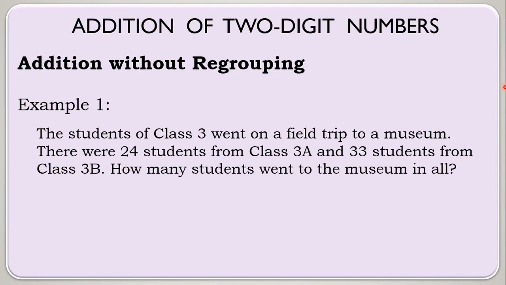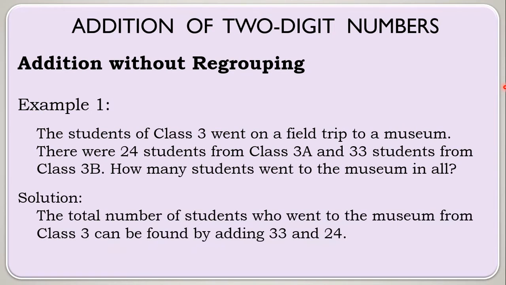How many students went to the museum in all? Let us find the solution. The total number of students who went to the museum from class 3 can be found by adding 33 and 24.